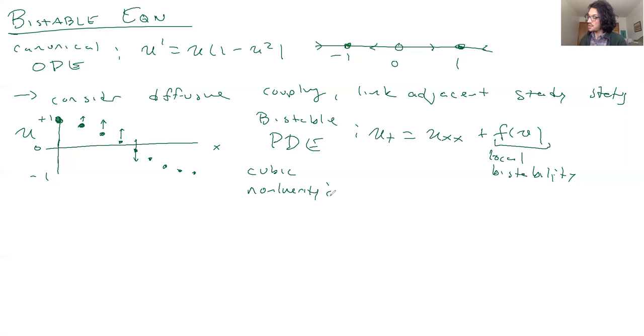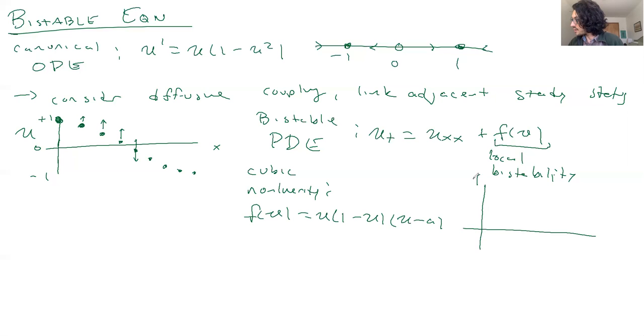You use a cubic nonlinearity because we usually like to work in positive values of U. We're going to have a cubic that has 3 non-negative roots, okay? 0, 1, and A. And so if we draw this function, it's going to look something like this. So here's 1, here's U, here's A, and then here's 0, okay?